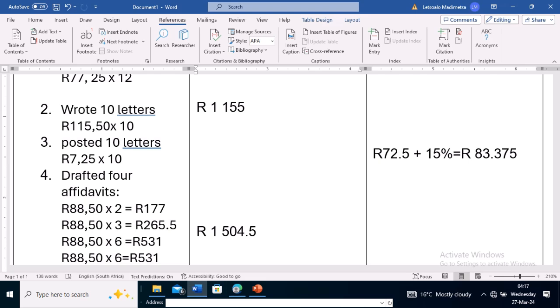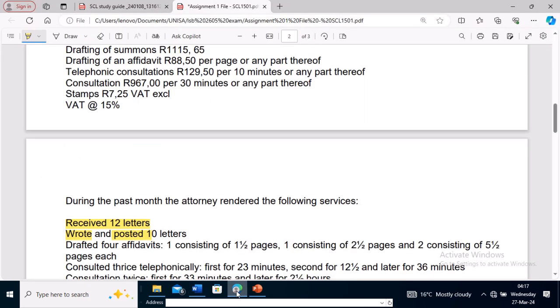Then you add everything, and we write it under fees because it was drafted in the law firm, and it gives us 1,504 rand 50 cent. Then we move to the next one.